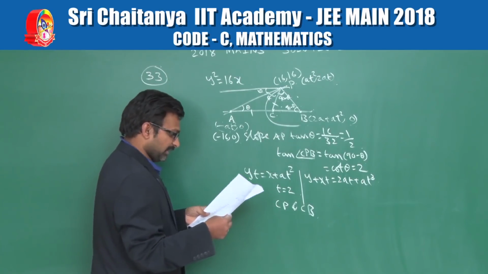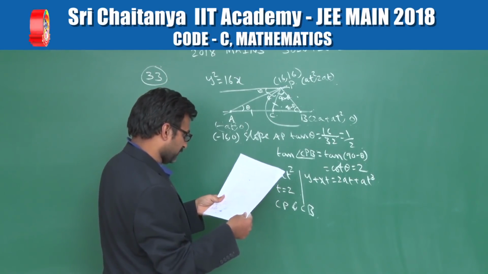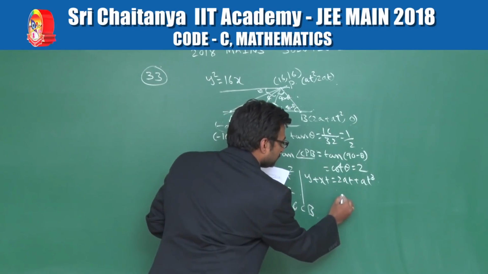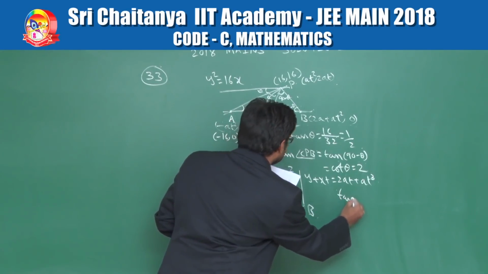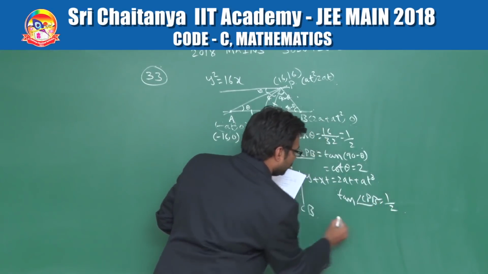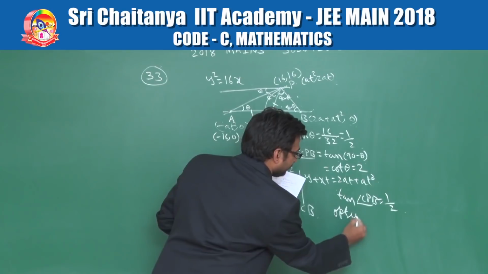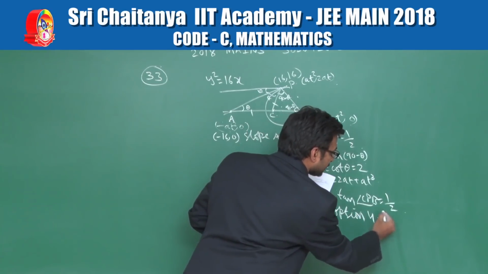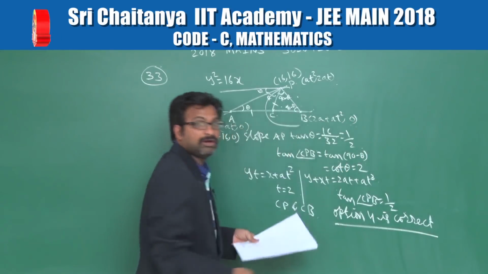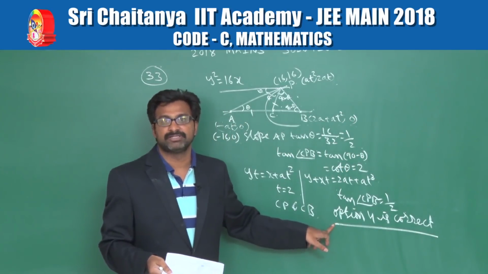So if we go through the options which are given to us, the fourth option is 1 by 2. Therefore, tan CPB is equal to 1 by 2. Option 4 is correct, so the fourth option is the correct answer.